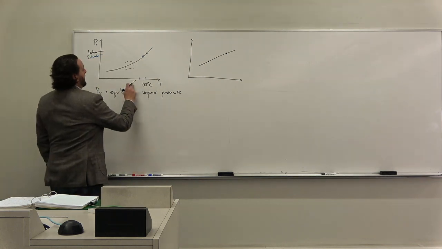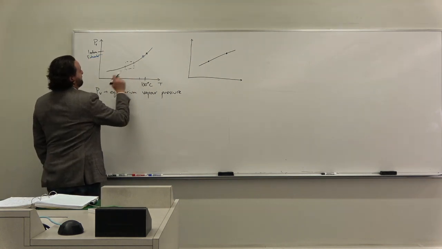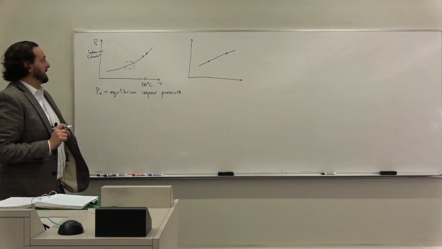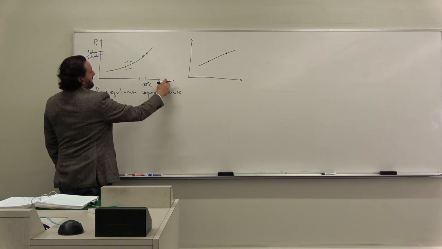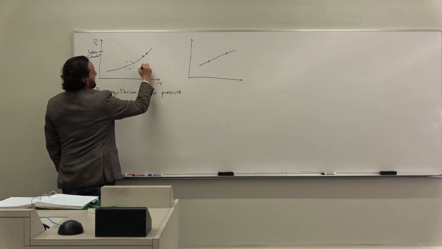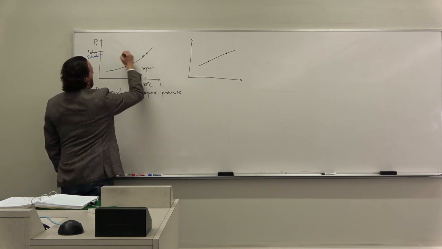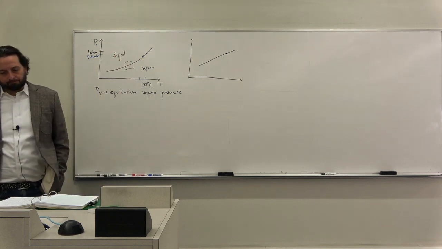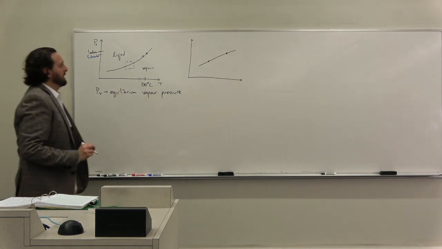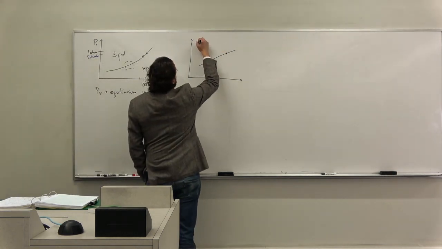By the way, remember in this diagram, if we heat above 100 degrees, this was the vapor and this was the liquid. So I'm going to call this phase 1.